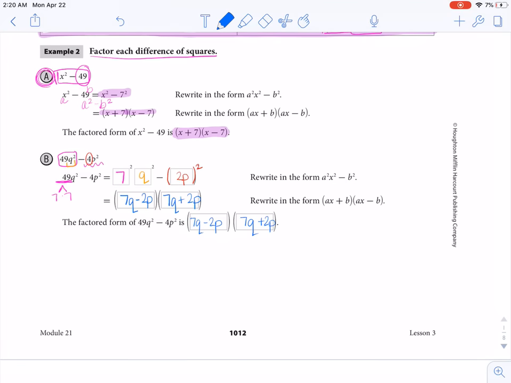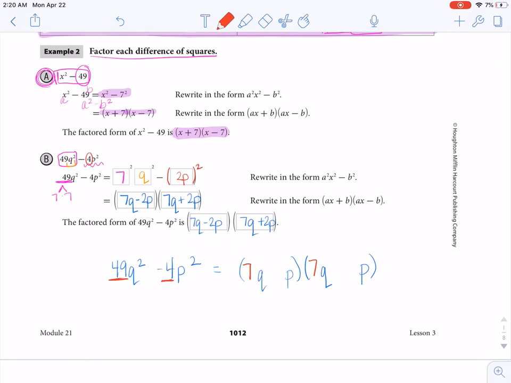I would have just done it like this. So we have 49q squared minus 4p squared. I know that both of my squares on my variables are going to break apart and give me 1 each. Let me put this a little further apart. And if I look at 49, I know that I need 7 and 7 to make that true.